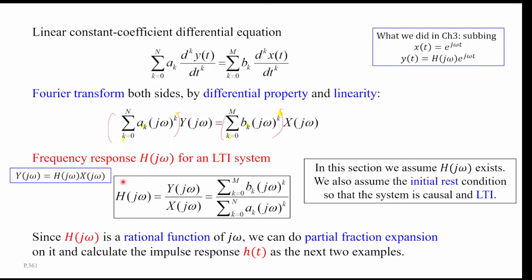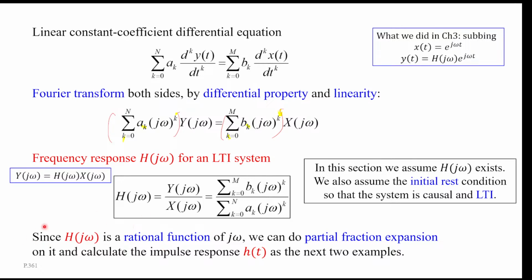Anyway, we have this big H of j omega here, and then we look at how this depends on j omega. Is this a linear combination of j omega to some power over a linear combination of j omega to some power? So you see the upper part is a polynomial of j omega, and the lower part is a polynomial of j omega.